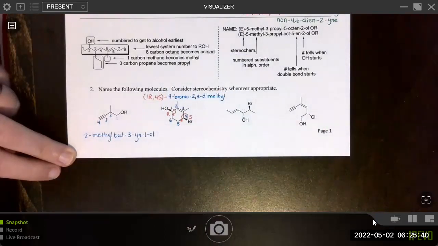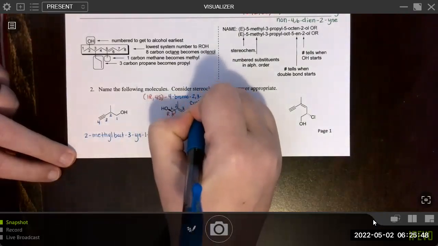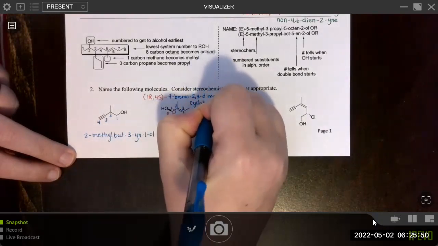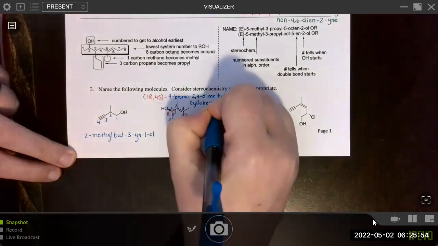And then we have cyclohexene, we need to say cyclohexenol.